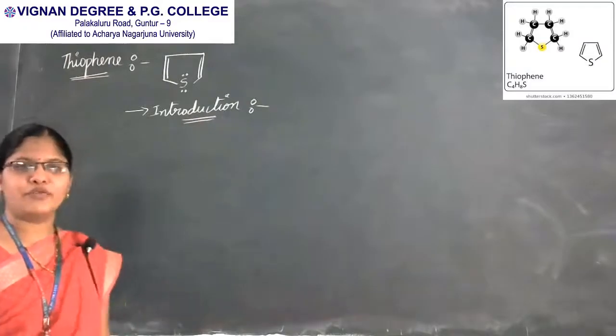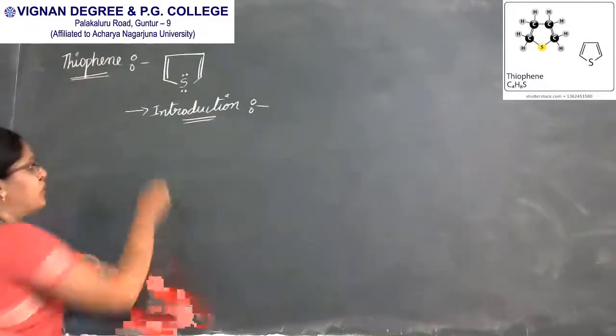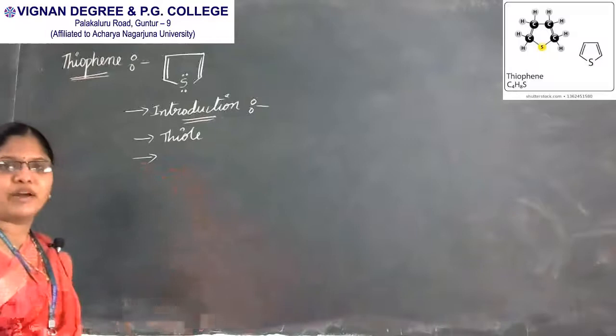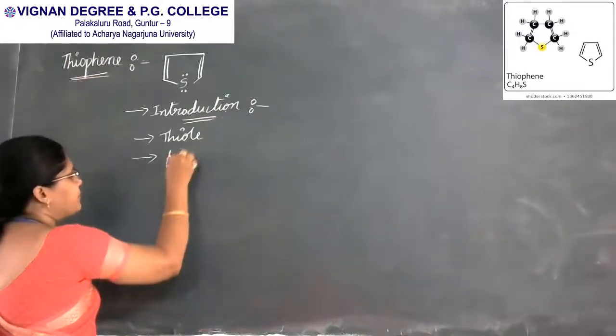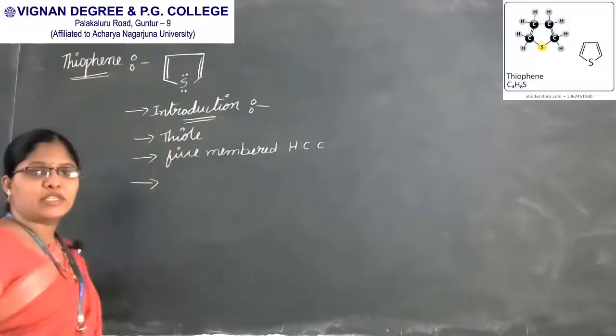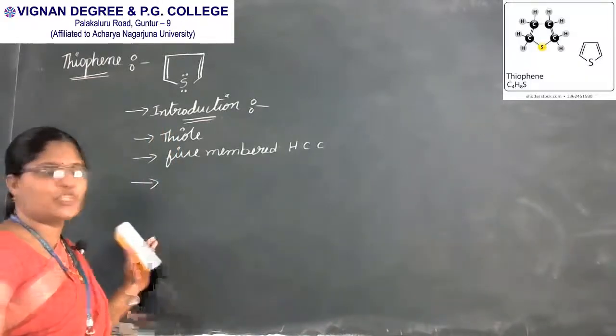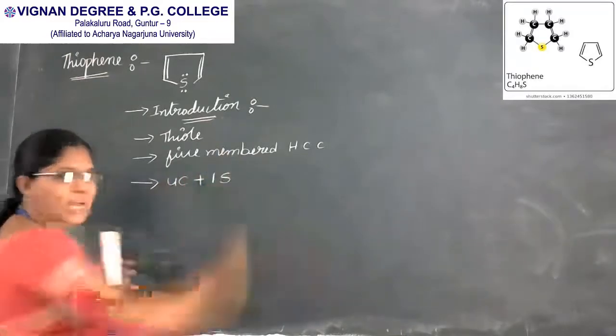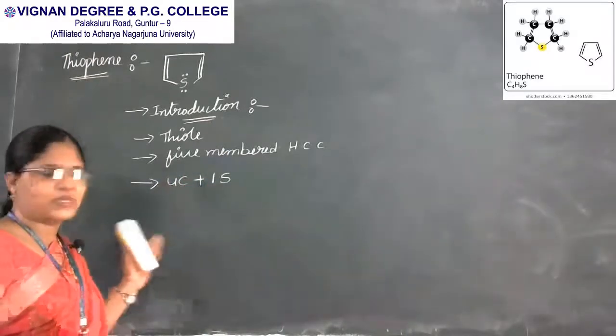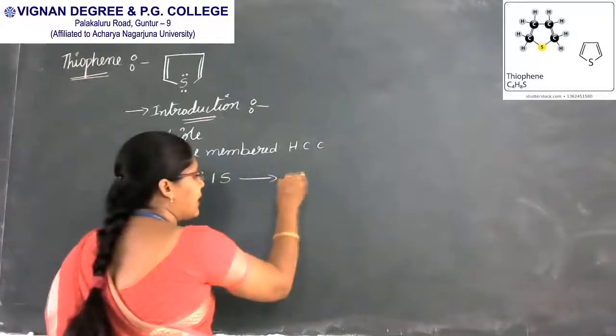This thiophene is also called thiole, and it is a 5-membered heterocyclic compound. It contains a total of 5 atoms, in which 4 are carbon atoms and 1 is a sulfur atom. These 5 atoms are sp2 hybridized.